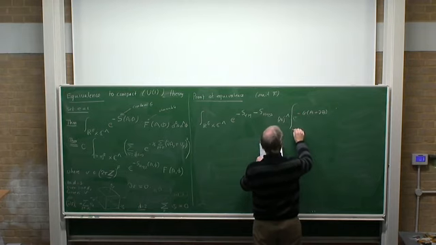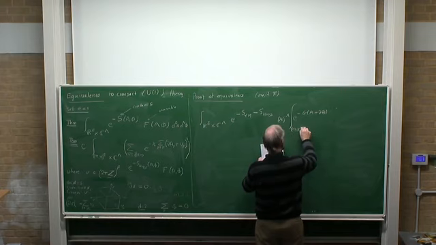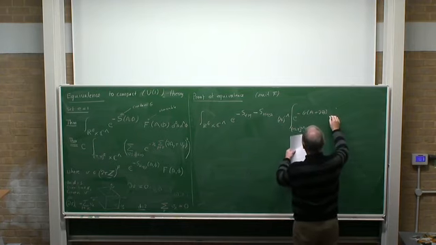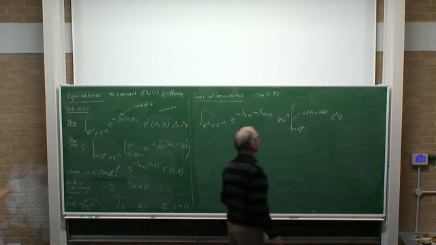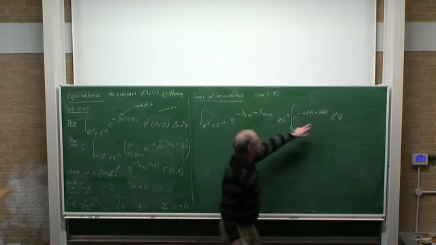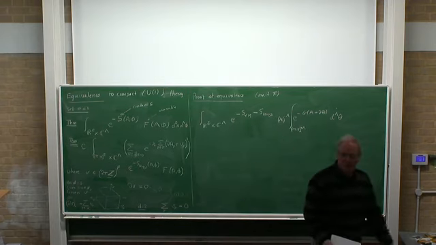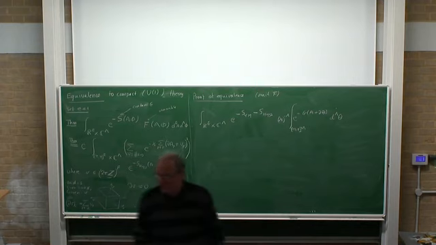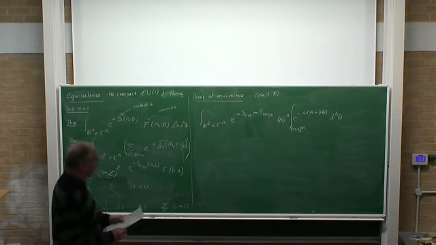Integral from minus pi to pi, this is the compact part of the gauge invariance, d lambda theta. I can just put this in because the rest of the argument is gauge invariant.